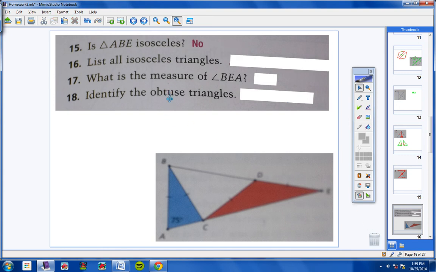Now, list all of the isosceles triangles. Well, look guys, this triangle here has two congruent sides. So there's one, ABC. This triangle here has two congruent sides. Okay, so triangle BCD.